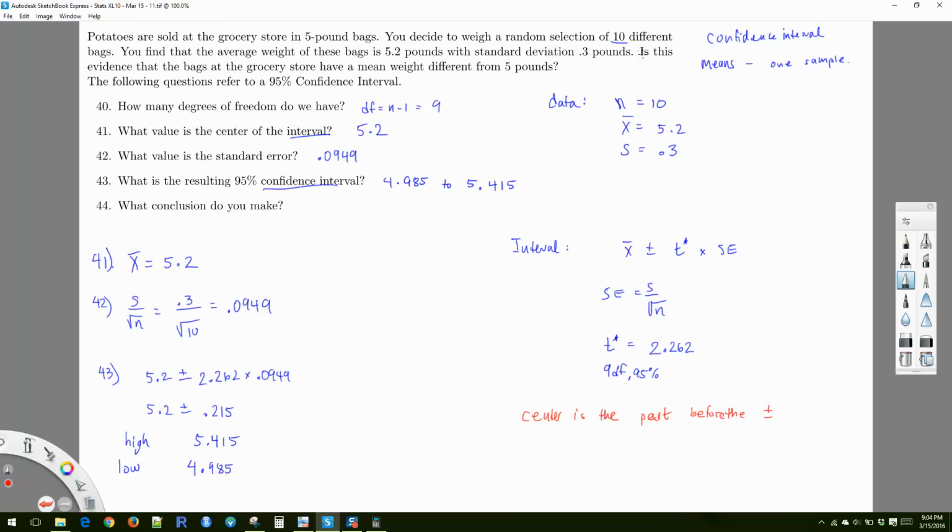All right, and so the question is, is this evidence that the bags at the grocery store have a mean weight different from 5 pounds? So what is our answer? We're going to look at our interval. Our interval goes from 4.985 to 5.415. So for number 44, do we have evidence that it's different from 5 pounds? No, right? Because 5 pounds is inside our interval.